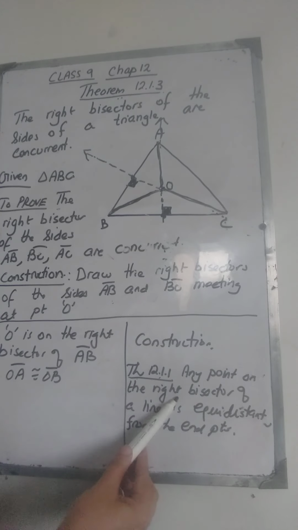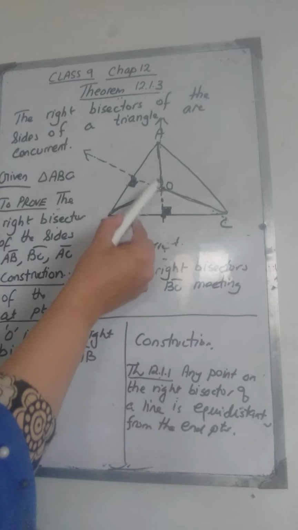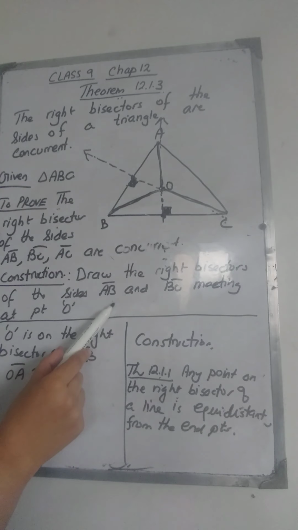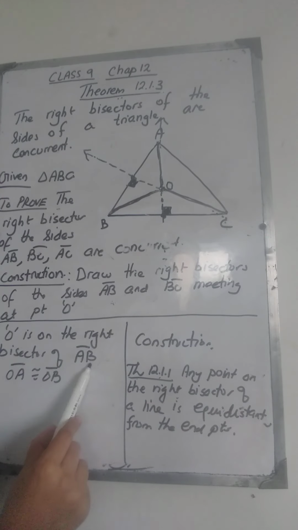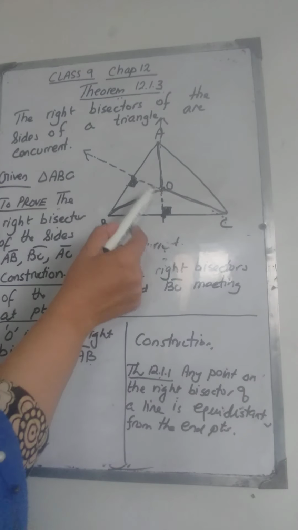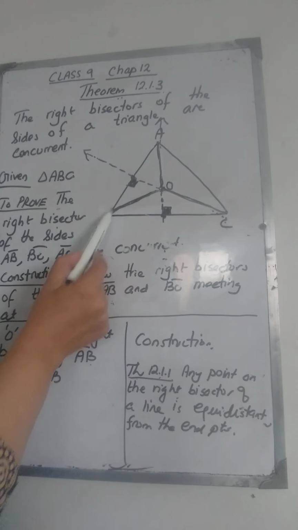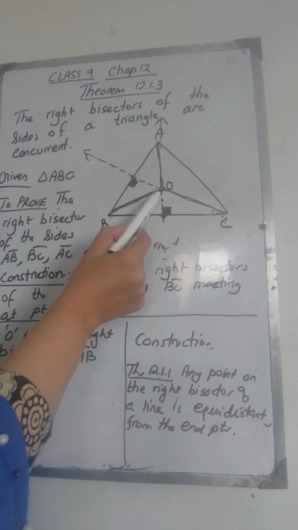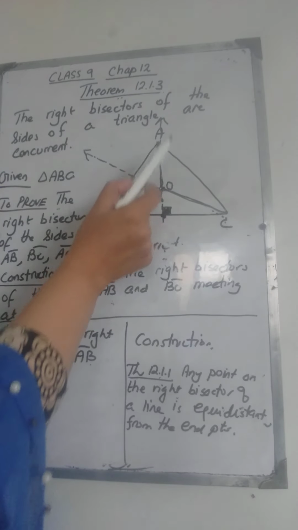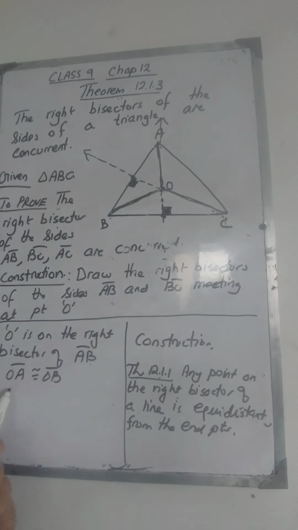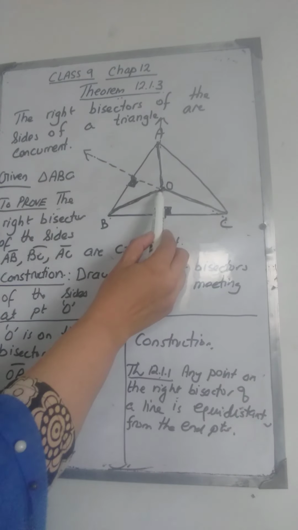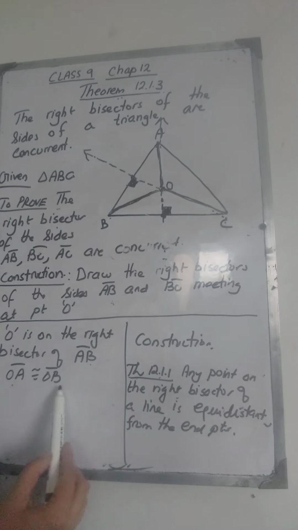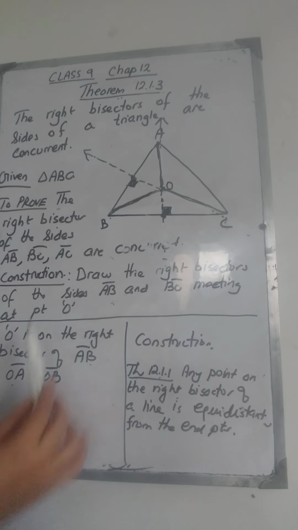If O is a point on the right bisector, which we already know, O is on the right bisector of AB, so it will be equidistant from the endpoints. What are the endpoints of AB? These points A and B. So the distance of O from A, OA, and the distance of O from B, OB, are going to be equal because O lies on the right bisector of AB.